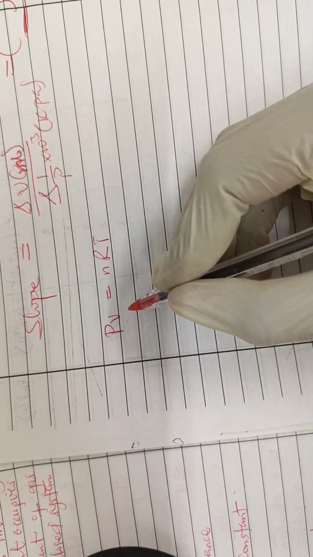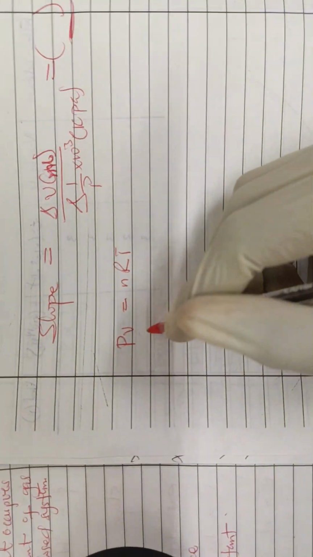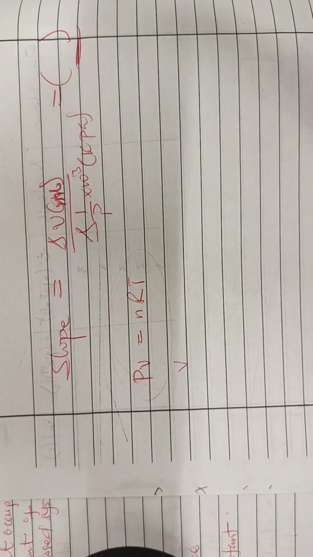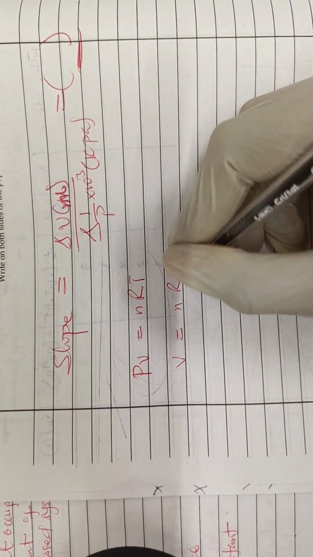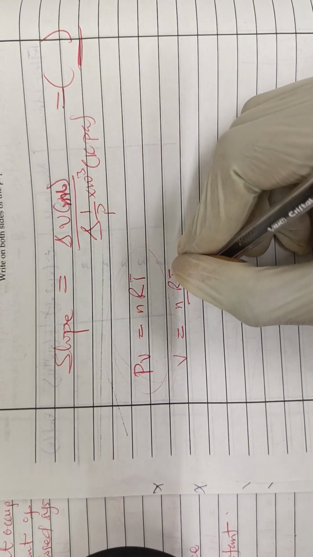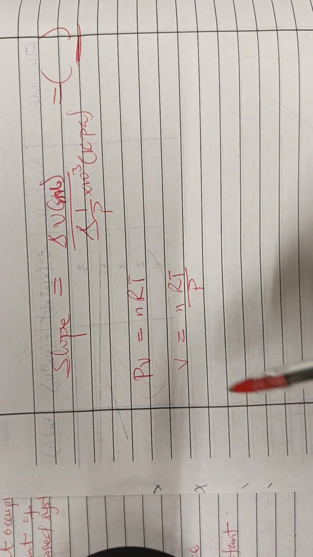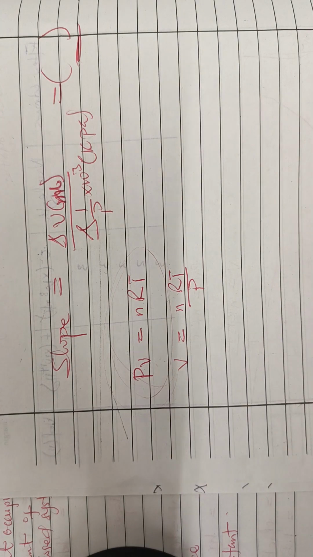Okay, now let's try and find the x and y components from this expression. So what we do is that we make V the subject because we are plotting V on the y-axis. So this one becomes nRT on P. Okay, we are using the second graph.